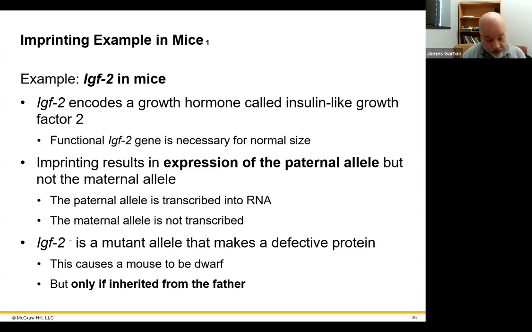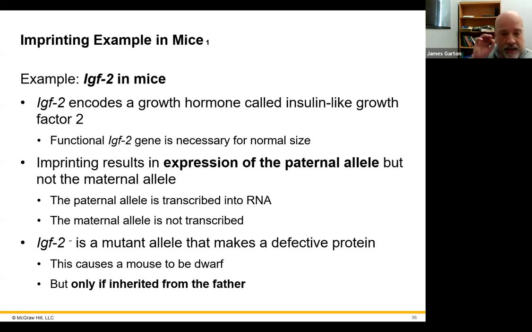And for whatever reason, the imprinting has resulted, in this example in mice, in you expressing the allele you got from your father, but not the allele you got from your mother. And so the paternal allele is transcribed into RNA, which is then translated into a protein, and nothing happens at the maternal allele.